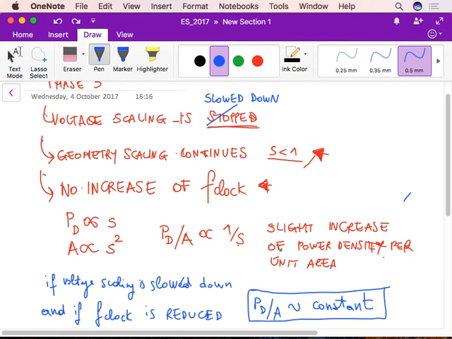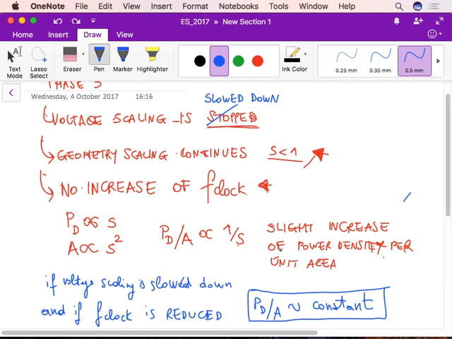Now the typical voltage applied to a processor is 1.1 volt. From 1.5 in 2002 to 1.1 now, it means that it is almost constant. And still, it is good enough because you can increase the performance not by increasing the clock frequency, but by increasing the number of parallel cores that you have in the microprocessors.